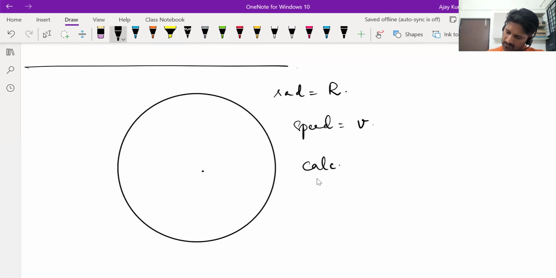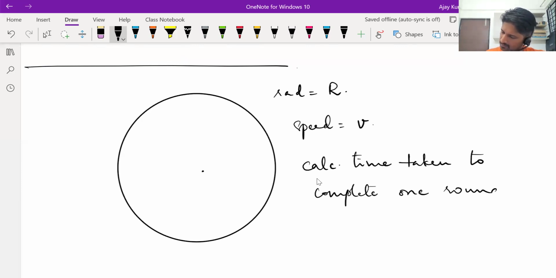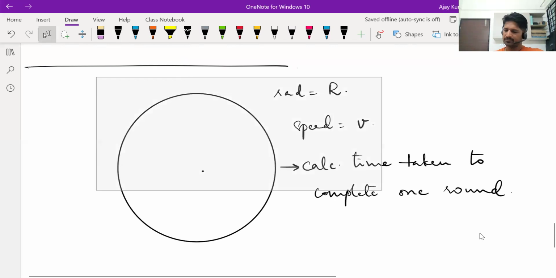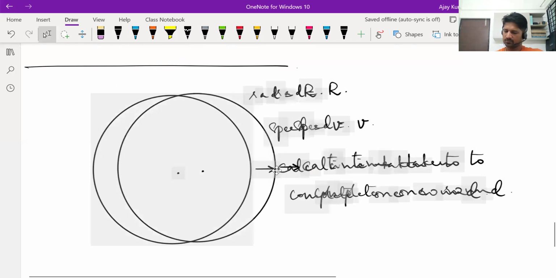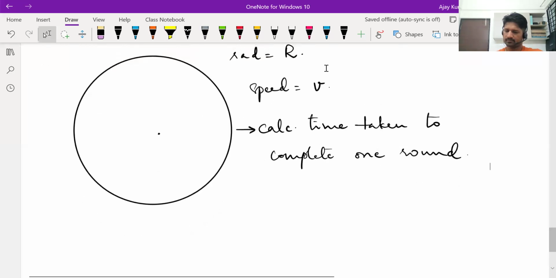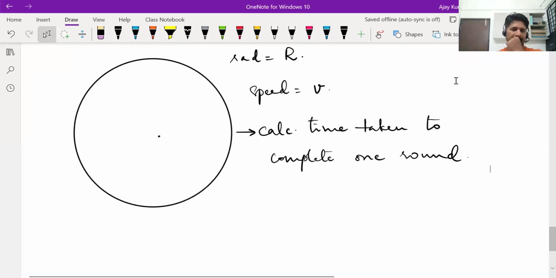Calculate the time taken to complete one circle, or one round. Radius is given, the speed with which the object is moving along the circle is also given. How much time will it take to go once around the circle?